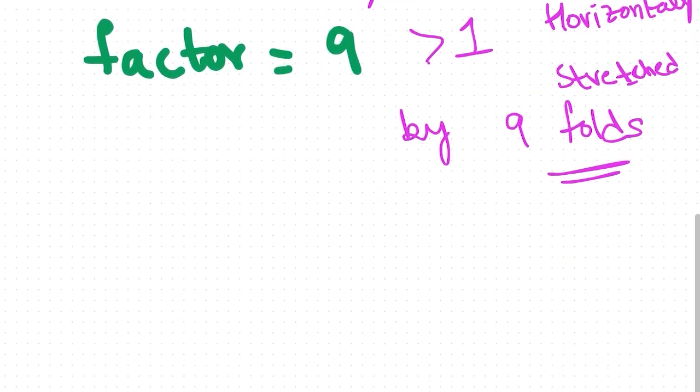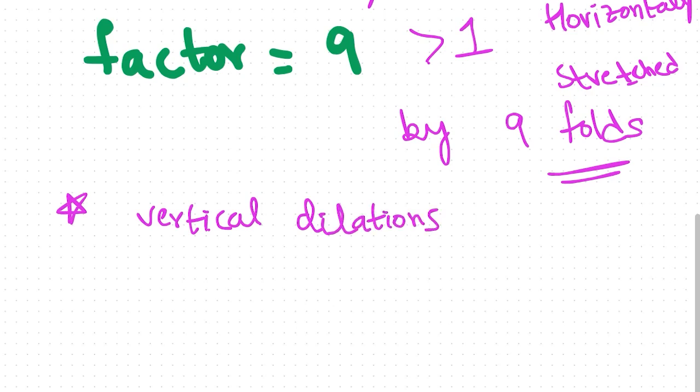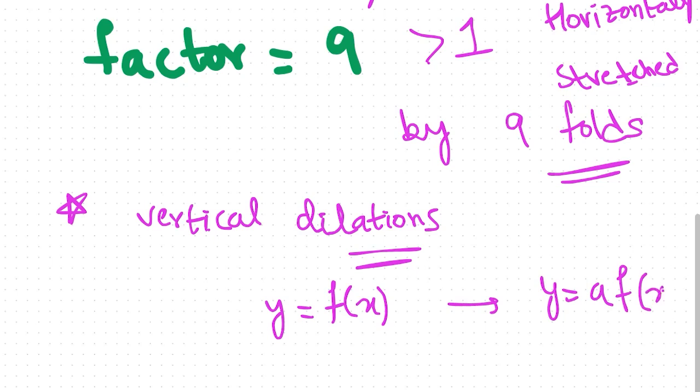But for y, let's say vertical dilation, it's quite obvious. Vertical dilation is what we've been studying just now. f of x becomes a times f of x. So we discussed 3 cases.